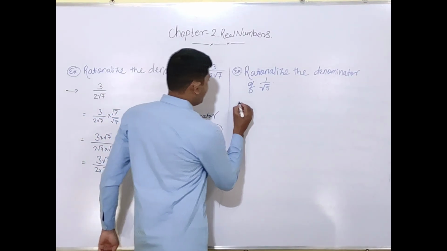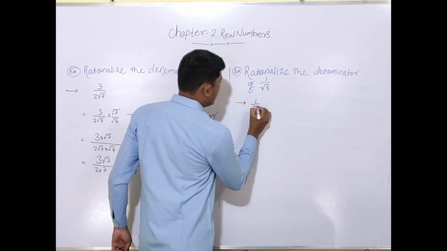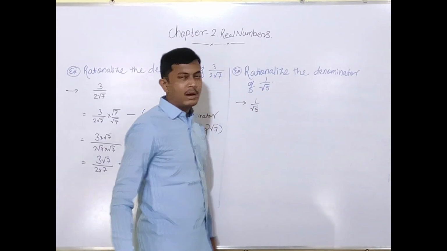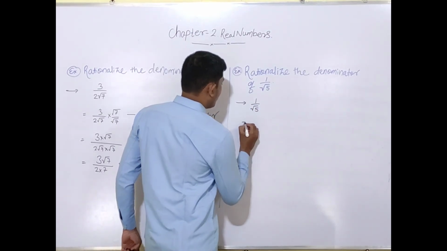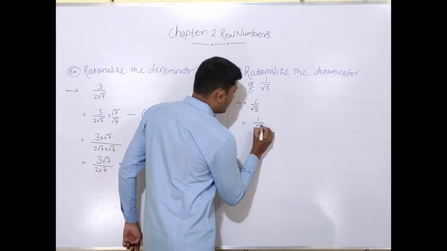In the same way, here we have to multiply by root of 5. Now 1 upon root of 5 is given.